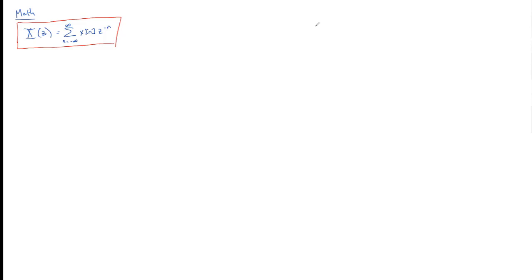But when I was an undergraduate and I saw this, I thought, this is dumb. And I thought it was dumb because of this guy. Firstly, z is a complex number. And I thought that if the magnitude of z was greater than 1, this thing would clearly decay away to 0 really fast, and it wouldn't pick up anything interesting of x of n, except for the really small values of n.